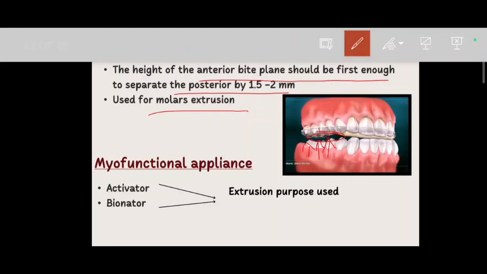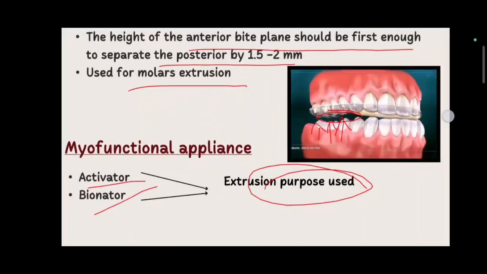Now the second one is the myofunctional appliance. Examples are the activator and bionator, and it is also mainly used for molar extrusion. So why do we separate the posterior teeth? To allow the eruption and extrusion of the molar.